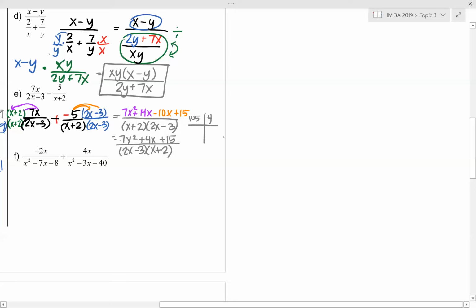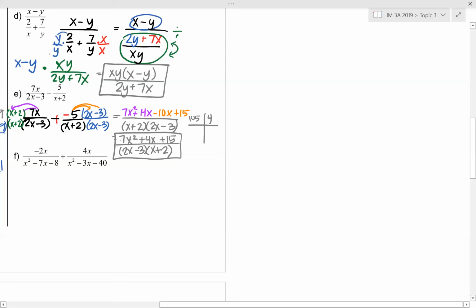And I know that if my sum is smaller than, say, my A, there's no way that I'm going to be able to add 7 to something and it become a number that is smaller than that. So this is going to be a prime factor. So this is just our result. So 2x minus 3 times x plus 2 is our denominator, and 7x squared plus 4x plus 15 is the numerator.